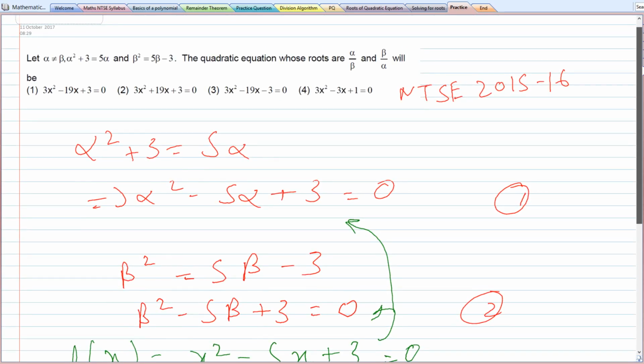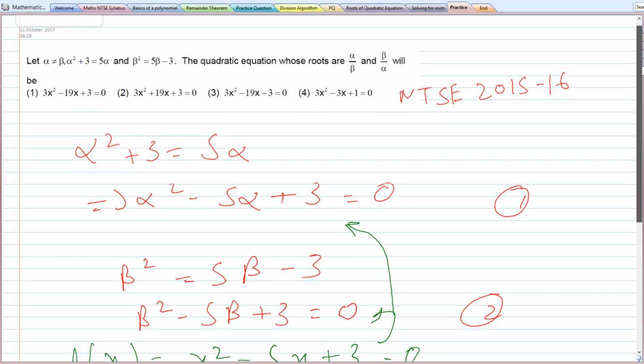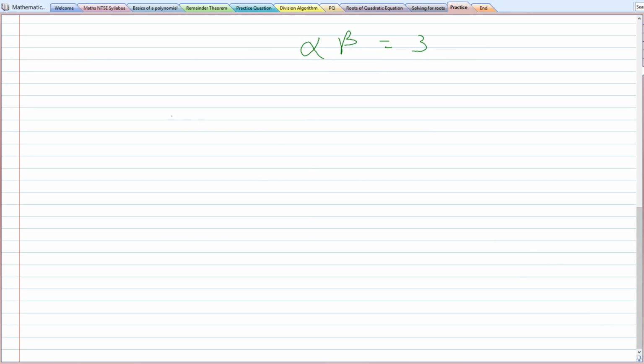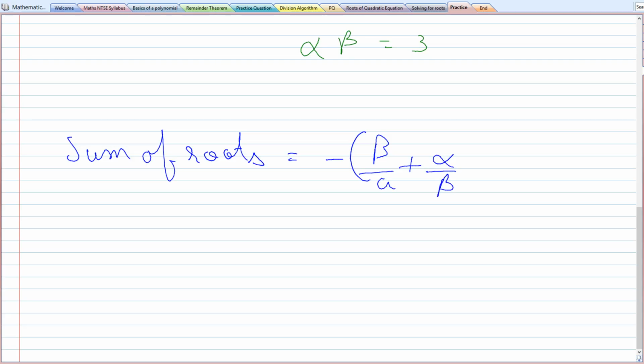We have to find the equation whose roots are alpha upon beta and beta upon alpha. So by that logic, the equation we have to find has sum of roots alpha upon beta plus beta upon alpha.